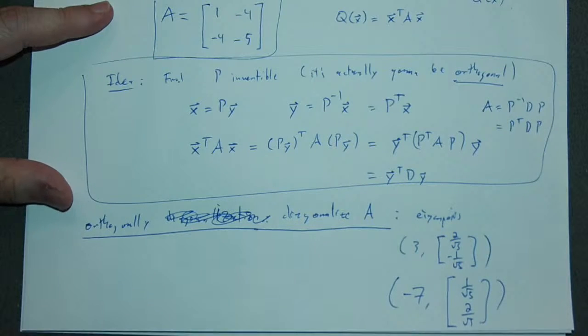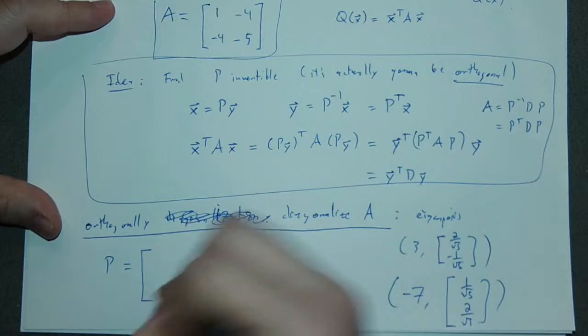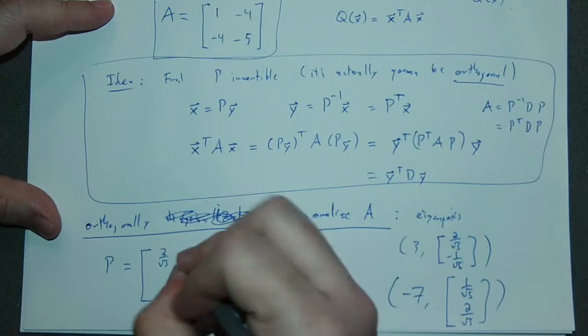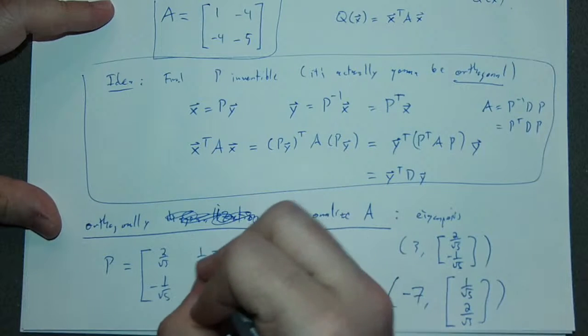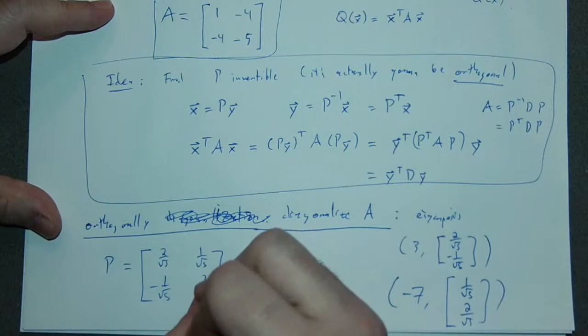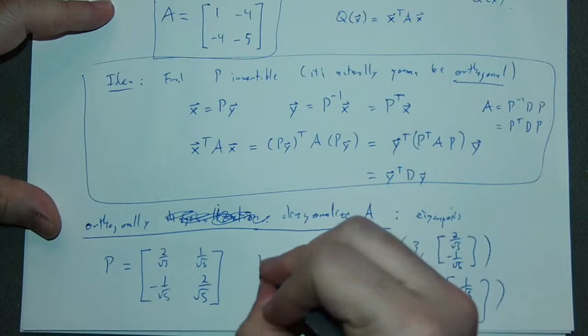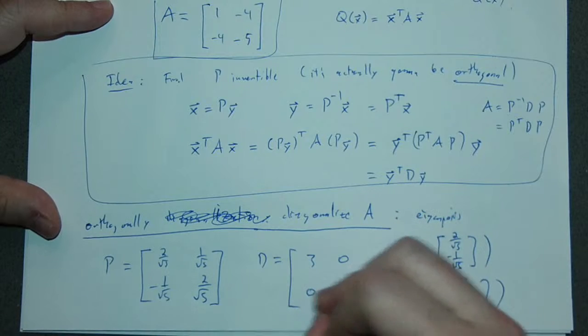And so the P matrix that we seek, we can form from the eigenvectors. So this is 2 over root 5, minus 1 over root 5, and 1 over root 5, 2 over root 5. There's my matrix P, and my diagonal matrix D that diagonalizes this is 3, 0, 0, minus 7.